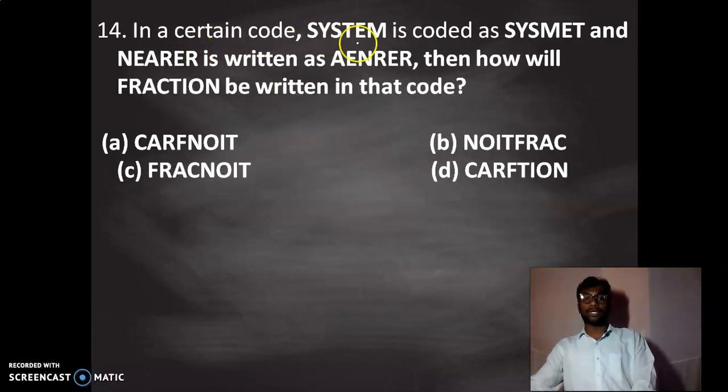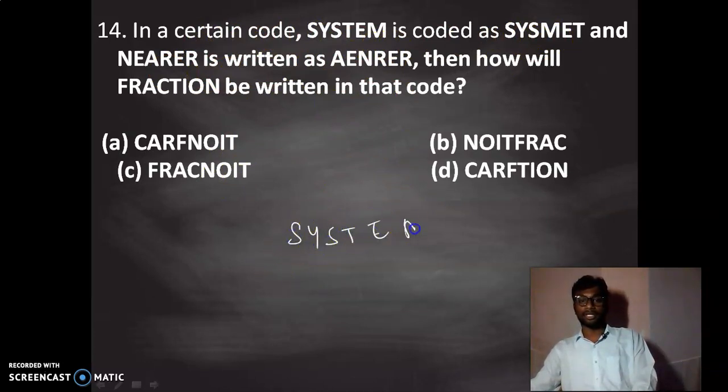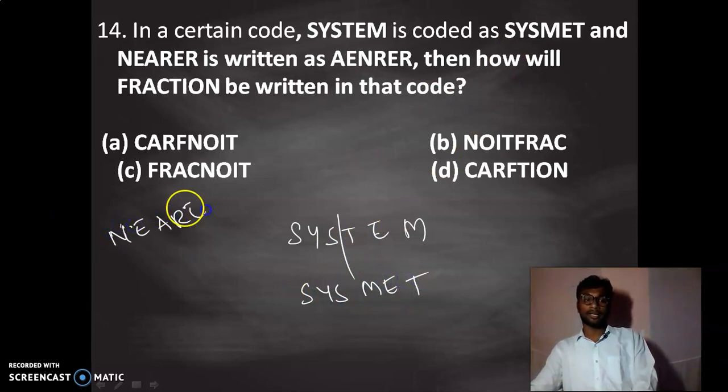So in a certain code, system is written as sysmet and nearer is written as any error. System, you try to understand the logic. System has been written as, please divide it into 3, as written as sysmet. And nearer is written as AENRER.